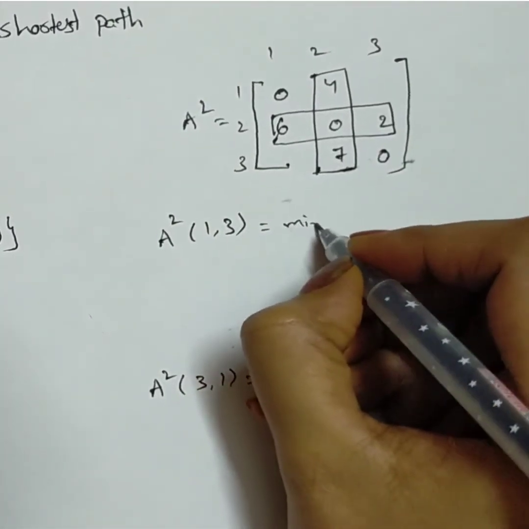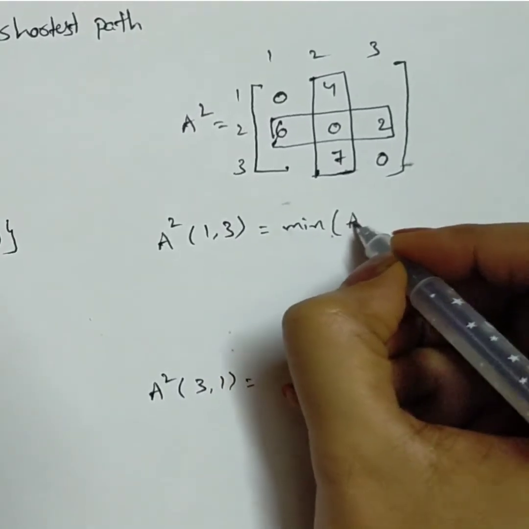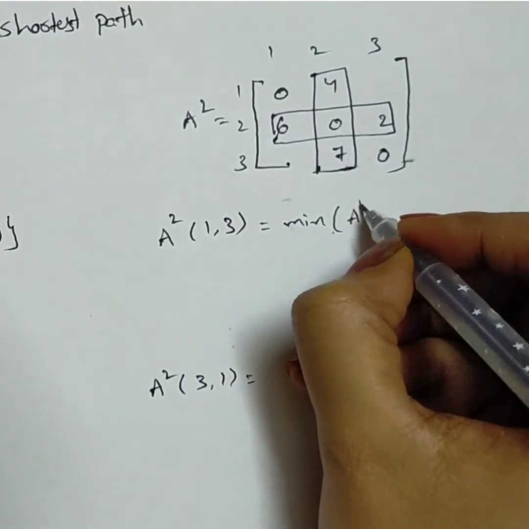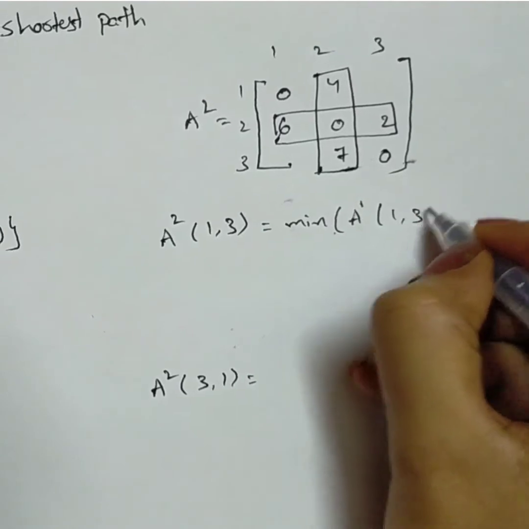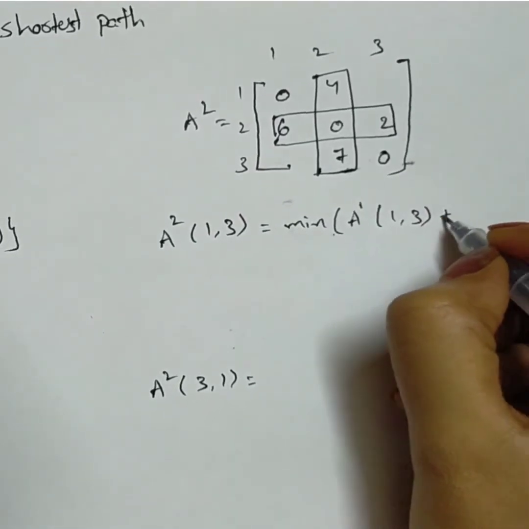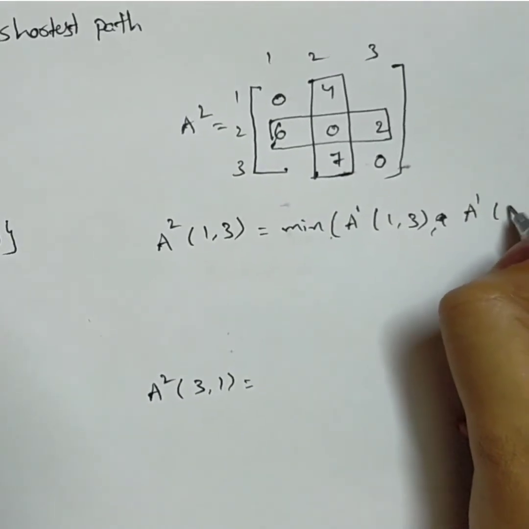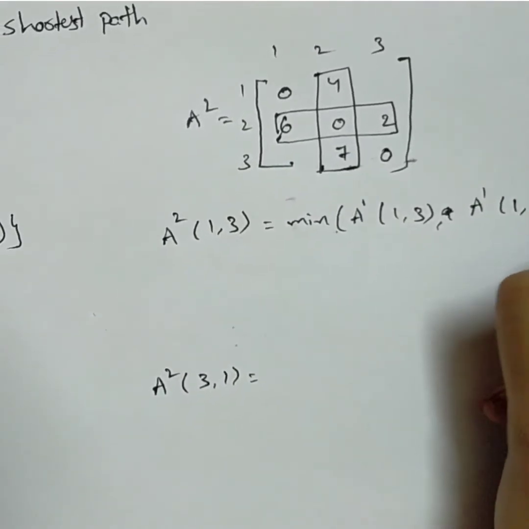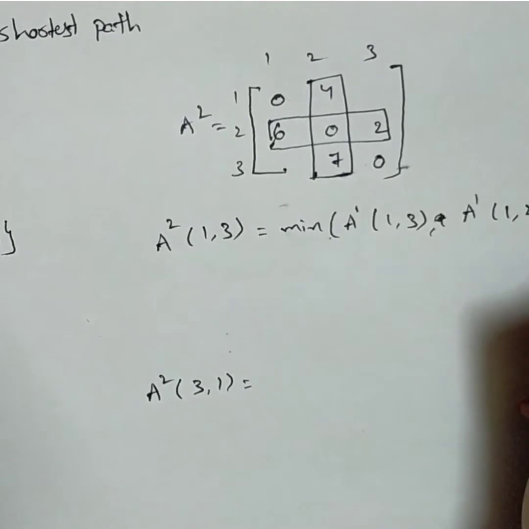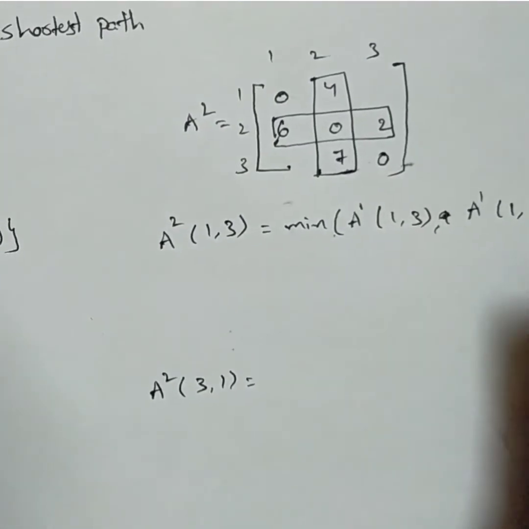See, minimum of a1 of (1, 3), a1 of (1, 2) plus a1 of (2, 3).